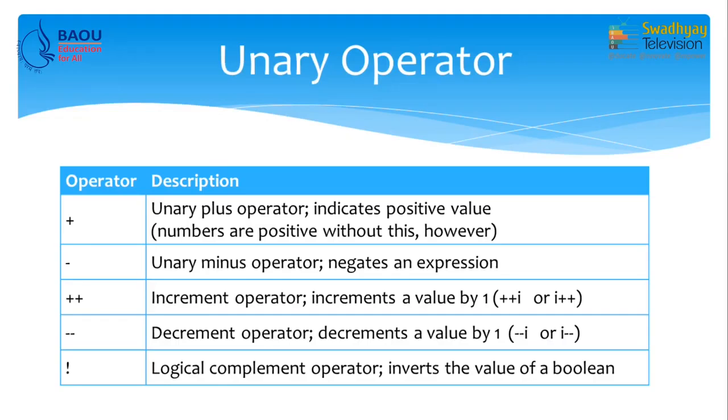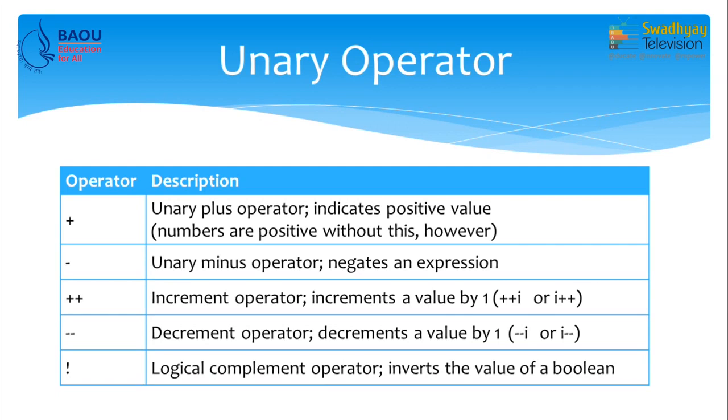On screen, you can see the first operator is plus. Here it is not addition operator, but it is a unary plus to indicate positive value. Similarly, we have unary minus operator to negate an expression or show negative value.